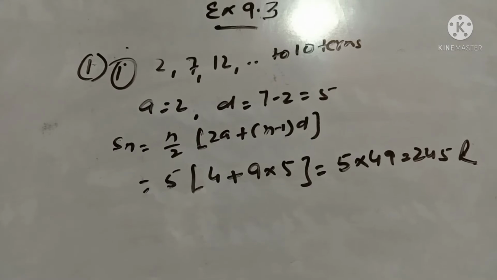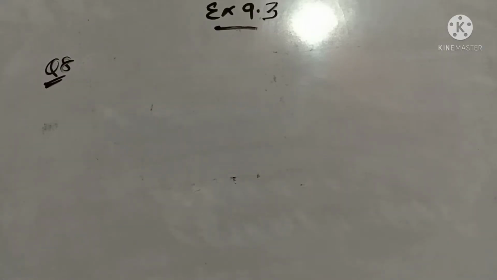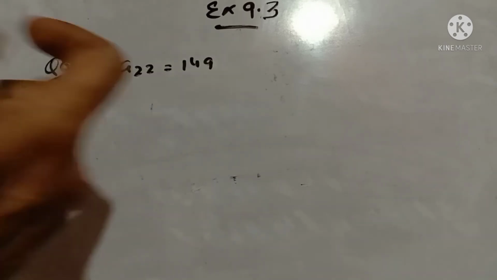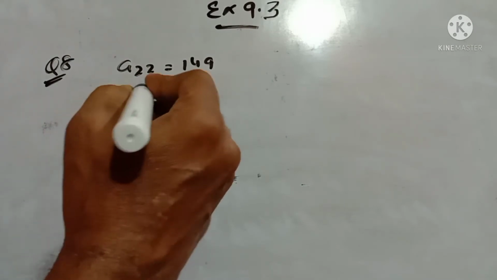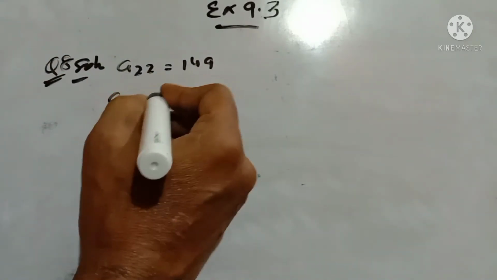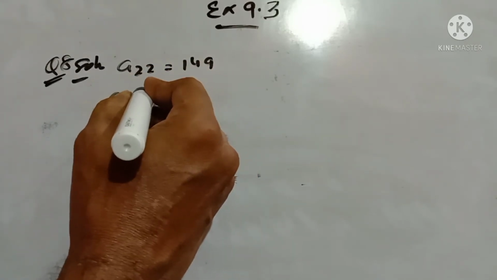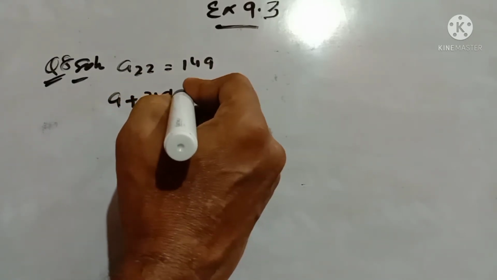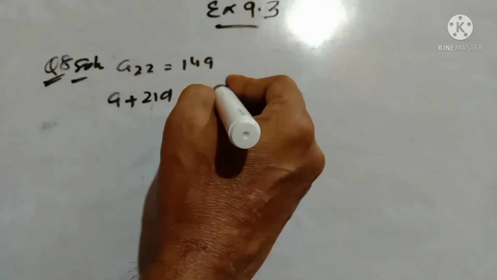Write down please. Question number 8, it is given, find the sum of first 22 terms of an AP in which d is given 7 and a22 is 149. So a22 means a plus 21d, that is 149.